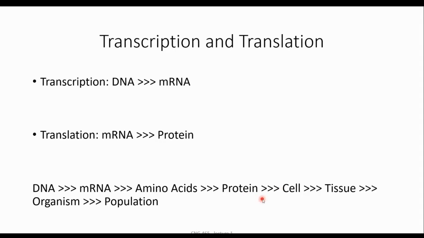If you don't remember the things that you learned in high school, maybe it gets tricky, but we will repeat it again and again, so it will be easy for you. So then proteins will create cells, and cells, which are the smallest organisms that we know in our body, will create tissues or complicated organs in our body, and each of those together will create an organism. For example, a human being is an organism.